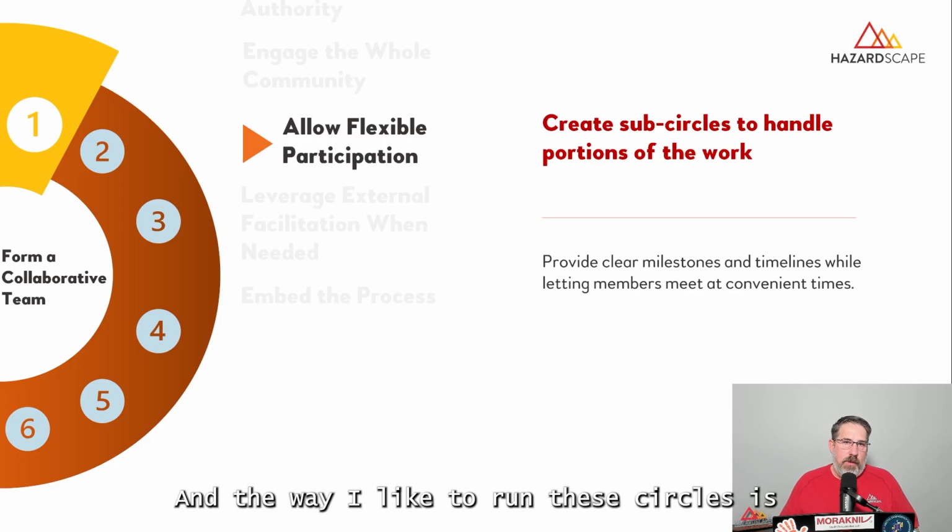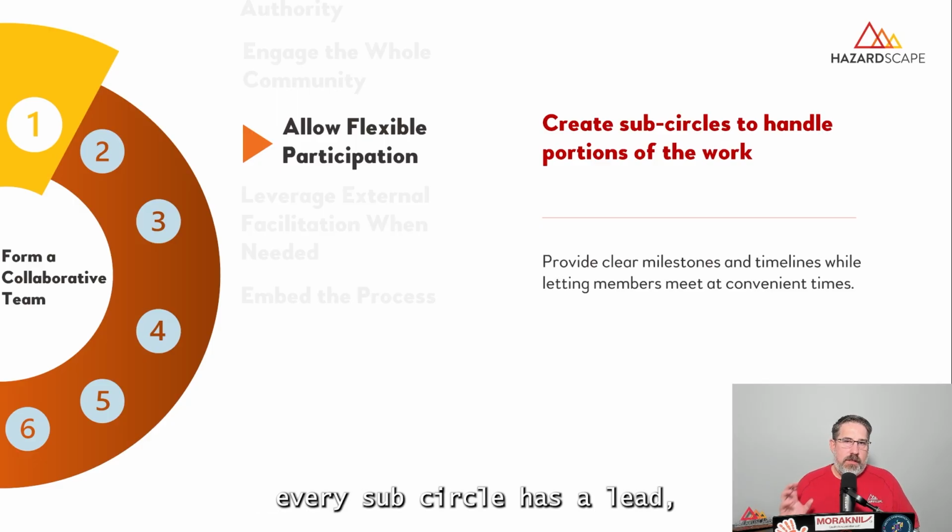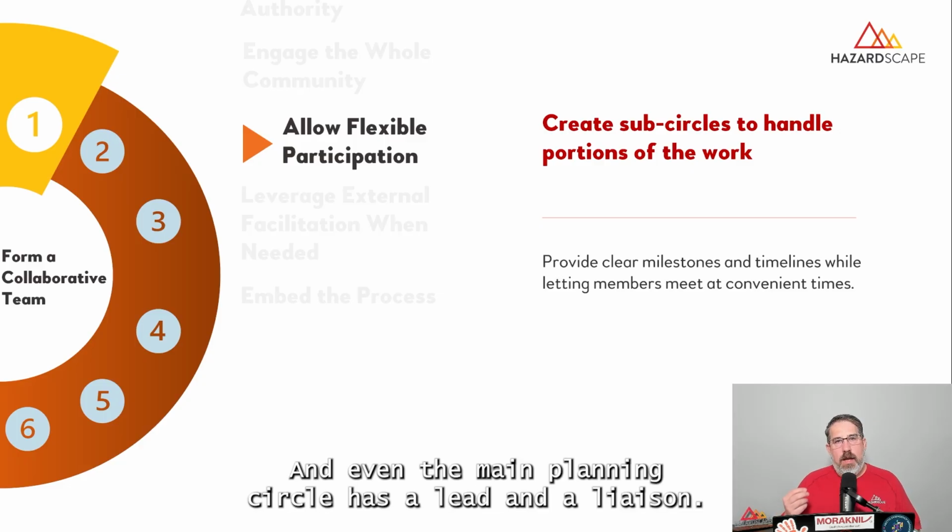And the way I like to run these circles is every sub-circle has a lead, and every sub-circle has a liaison. And even the main planning circle has a lead and a liaison.